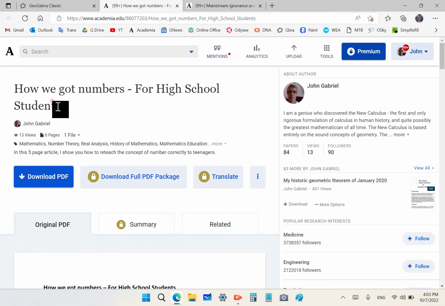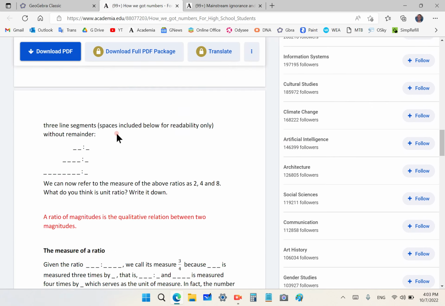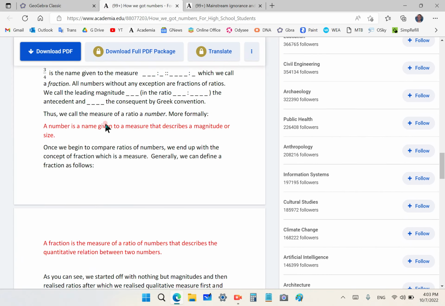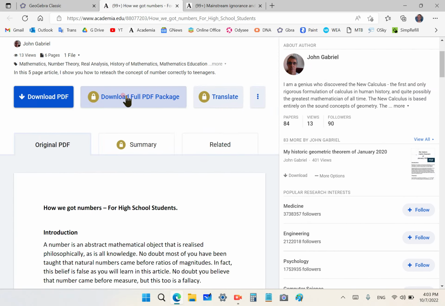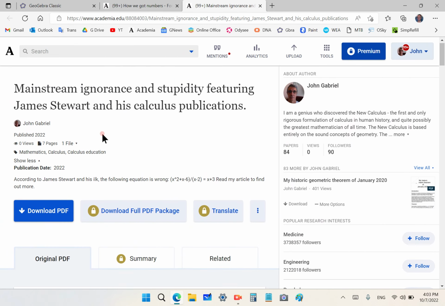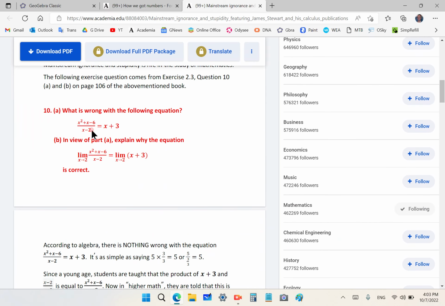I would like to recommend two new articles, especially if you're a math teacher or even if you're a student. This is a very short article for high school students, and it basically tells them how to get number from nothing without all the deep, profound details. And then another one on what is wrong with many of the mainstream calculus publications, such as the ones from James Stewart.